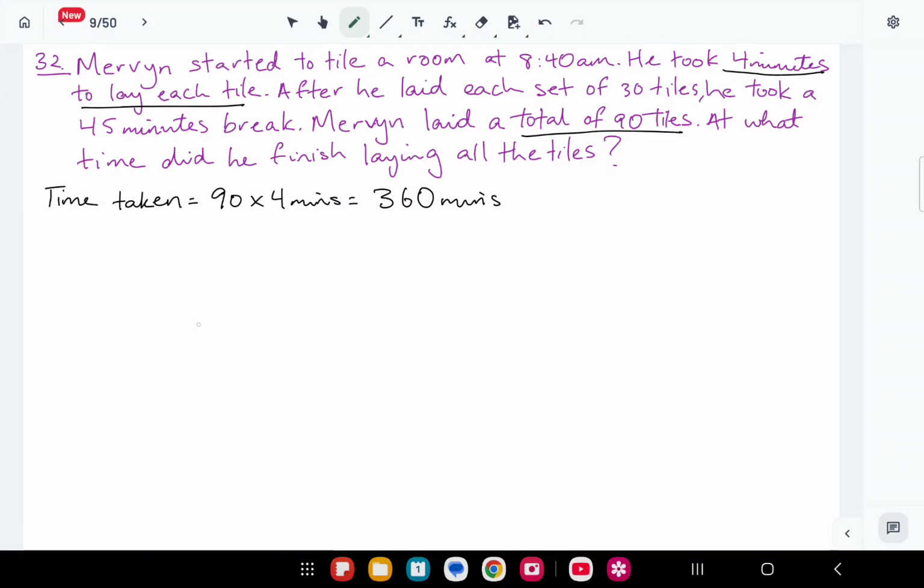They said here now that after he laid each set of 30 tiles, he took a 45 minutes break.